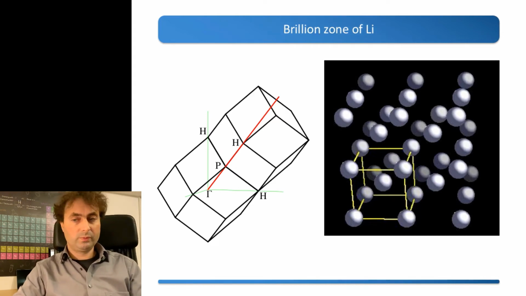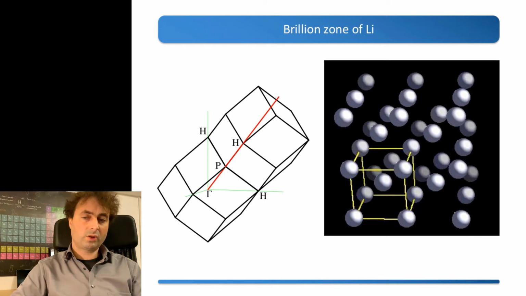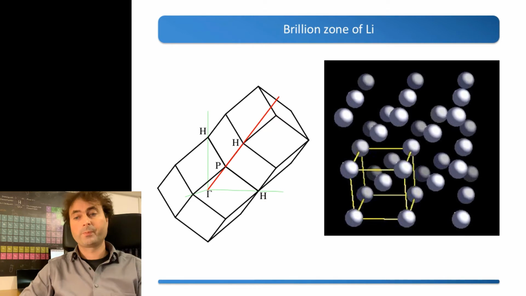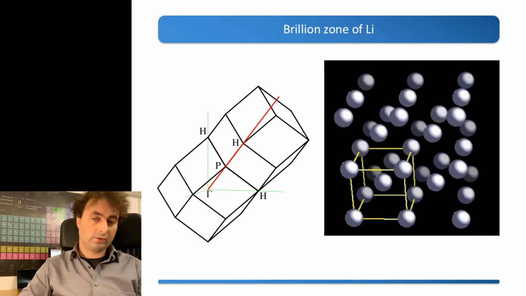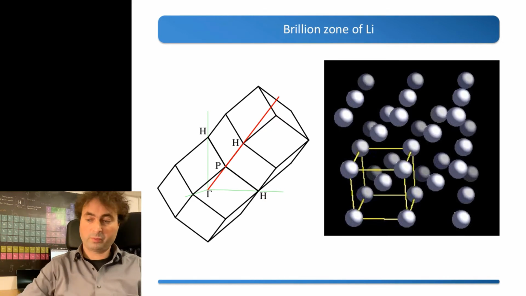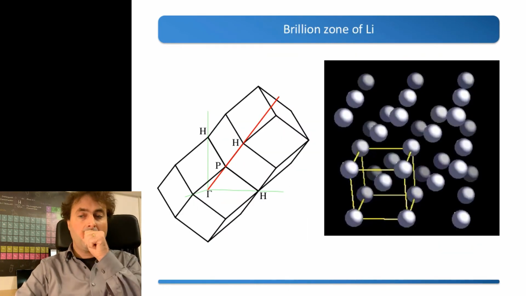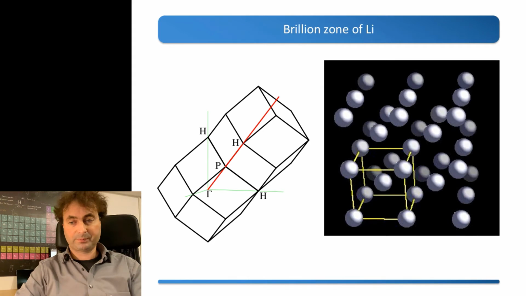If we do the translation, then you see that you go from gamma to P, so from the center of the zone to a corner of the zone. But then in the next Brillouin zone, you walk on the boundary from P to H, and then you continue from there back to P, back to gamma.